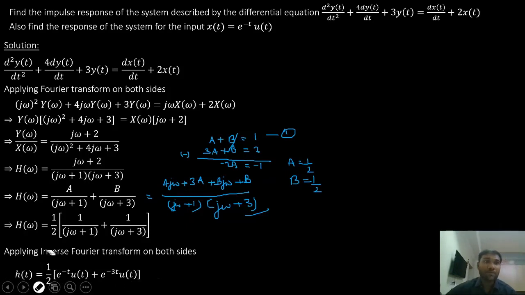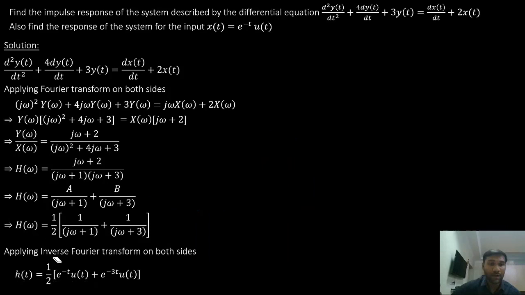Then the first part is done. The second part is we have to find the response of the system. So let me erase whatever we have written here, and we'll carry on with the second part. So how do we find the response of the system?